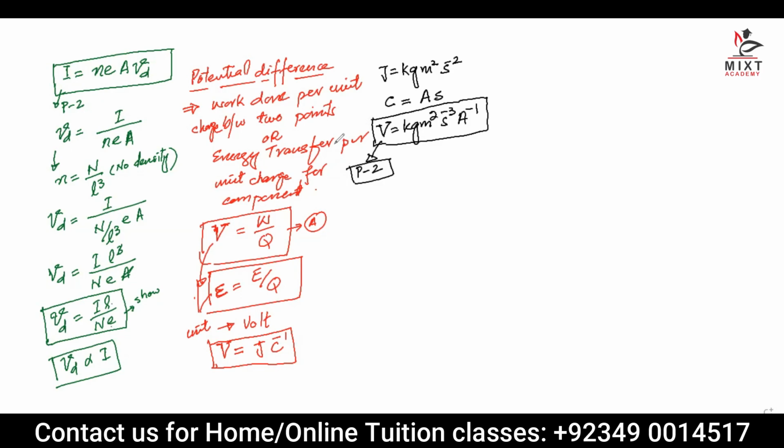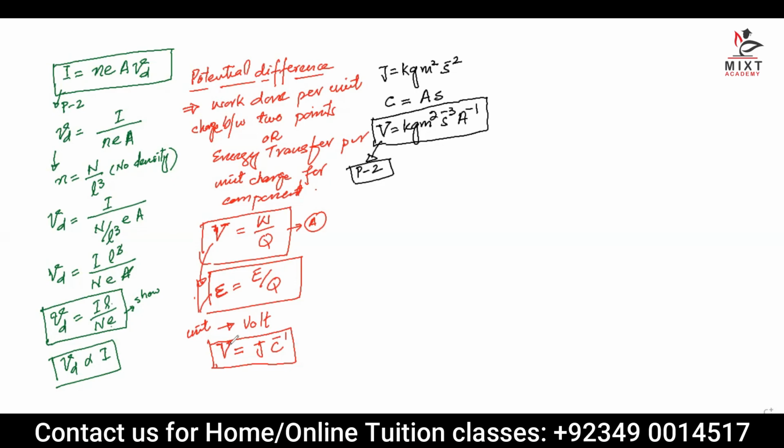Sir, for joules, what formula do we use? Any formula you like. You can use work, kinetic energy, or potential energy, any formula of energy. Force times distance. What is the unit of force? kg m s to the power minus 2. Yes, and acceleration is m s to the power minus 2.